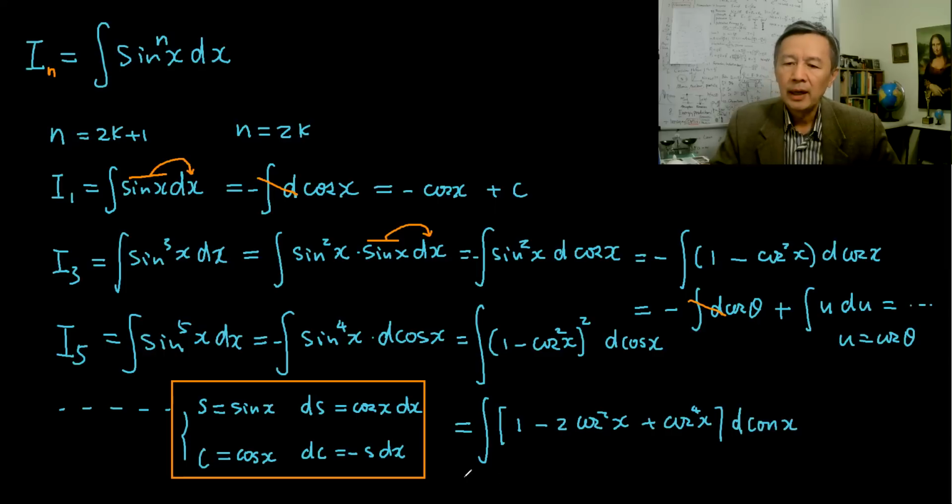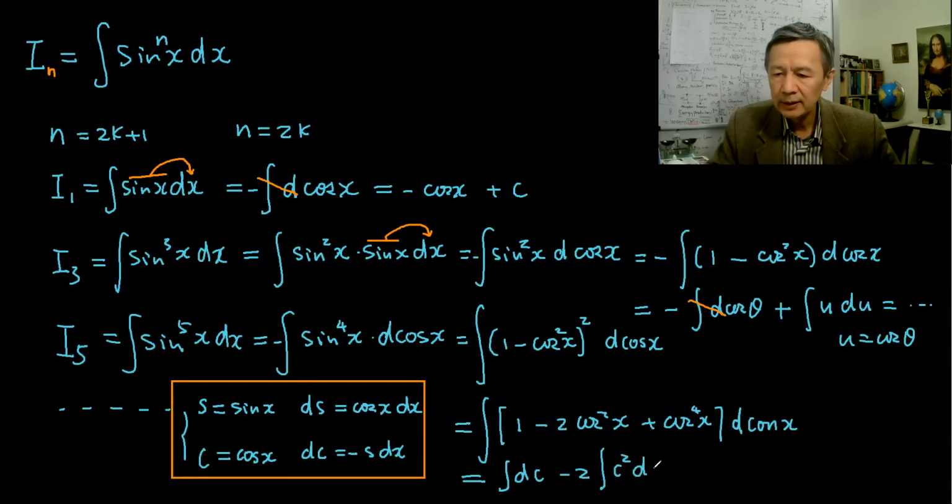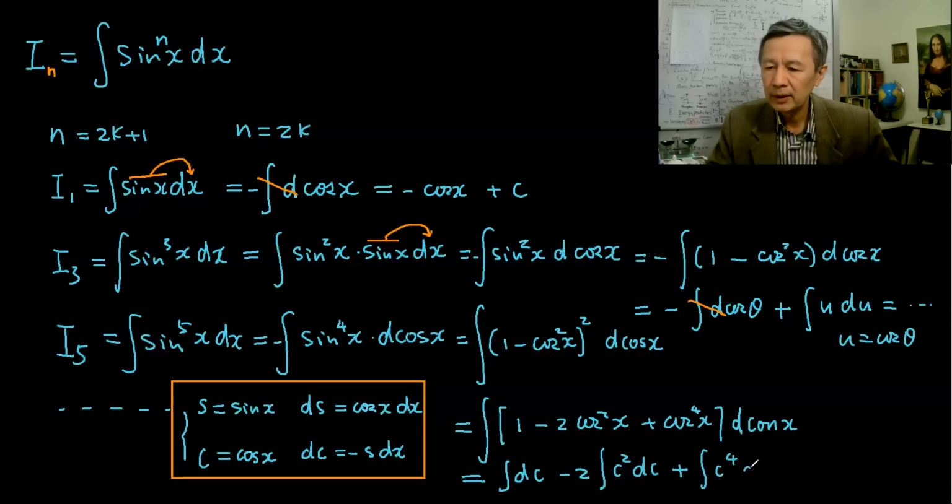Using this notation, we can simplify: the first term is just the integral of dc, the second term will be 2 c squared dc, and the third term will be plus c to the power 4 dc.